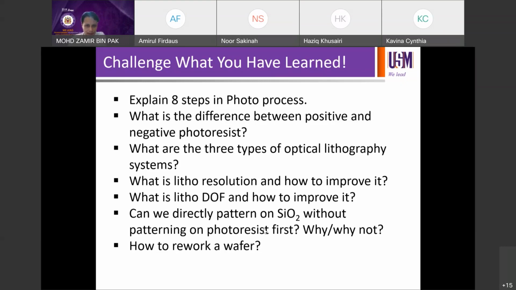Next, what is litho resolution and how to improve it? What is resolution? R. How do you define resolution in a simple way? When we talk about the resolution of features that you want to print, what does it mean?